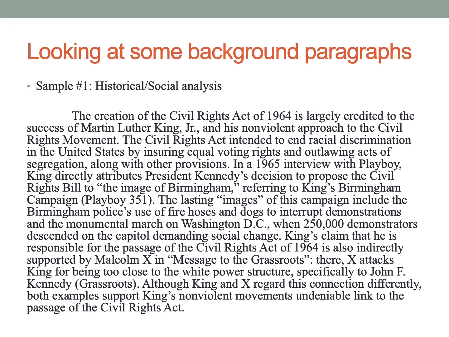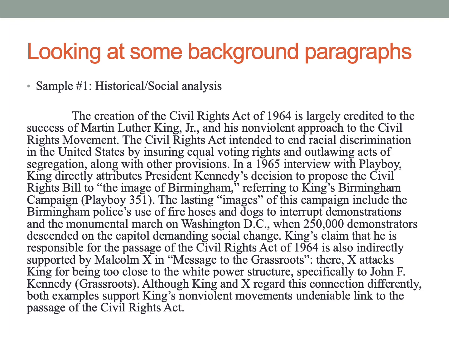You have some data from Martin Luther King cited from an interview from Playboy. And then you have a little bit of interpretation, but notice the very last sentence, you have a transition that gets you back into the actual body of the paper.